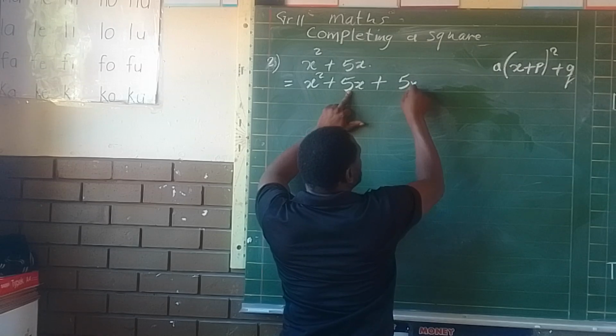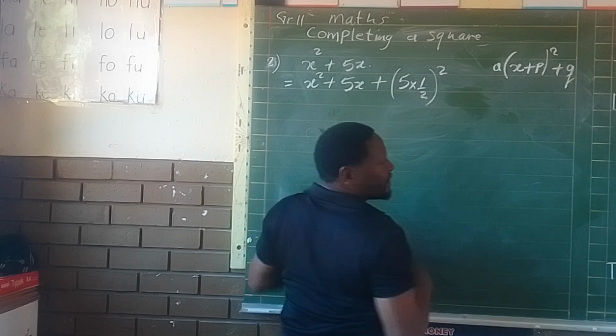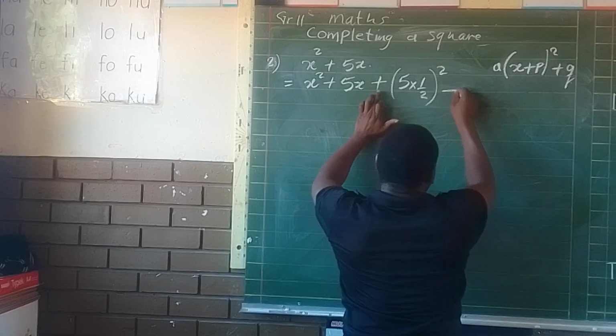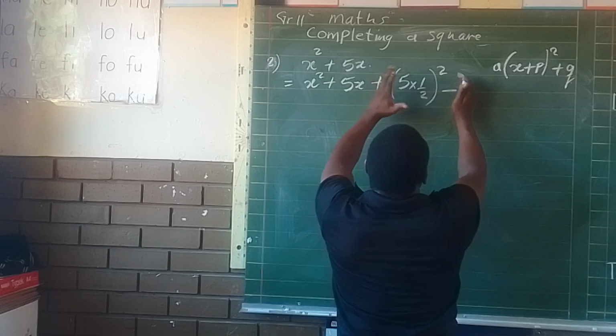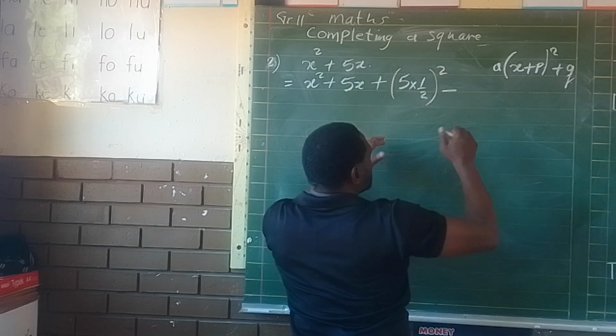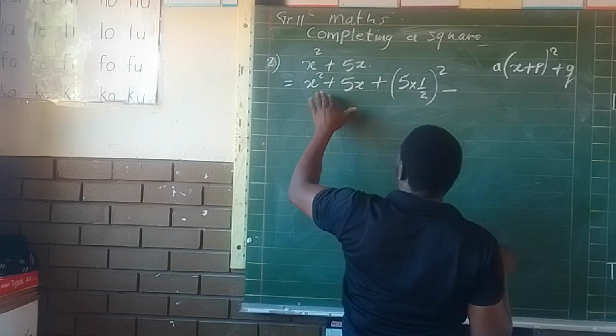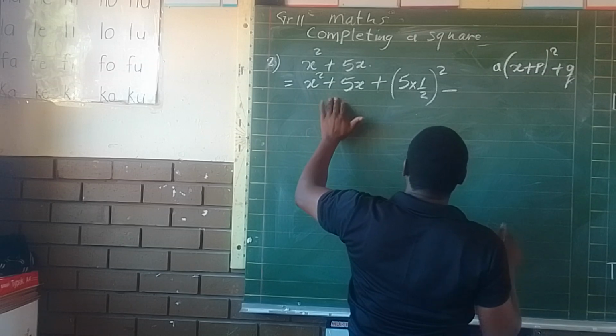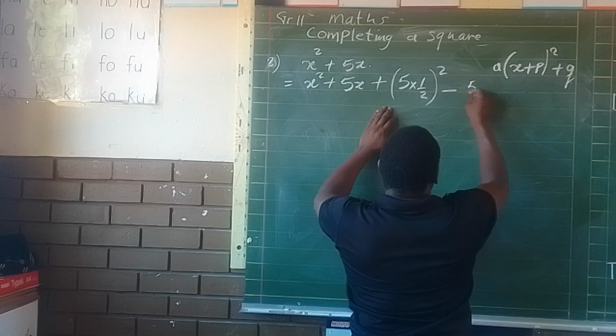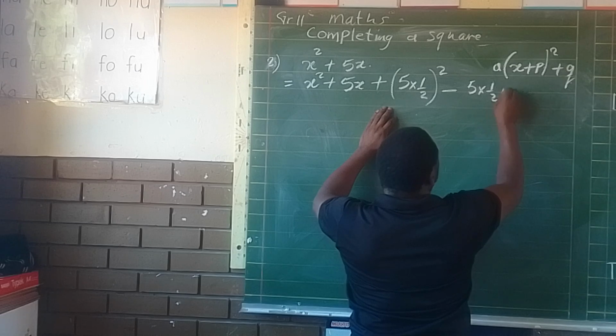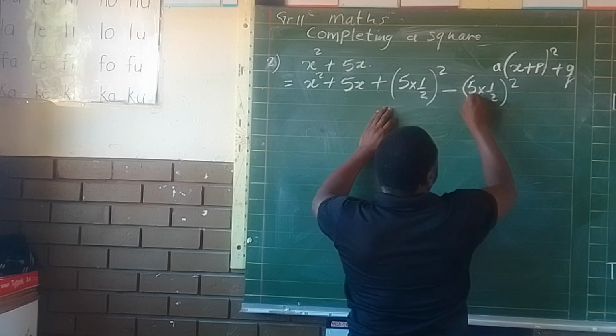You multiply it by half. Then you square it. Minus. Why do I say minus? Because I don't want this factor to be affecting our expression. Our expression must remain the same. So it's 5 multiplied by half all squared.